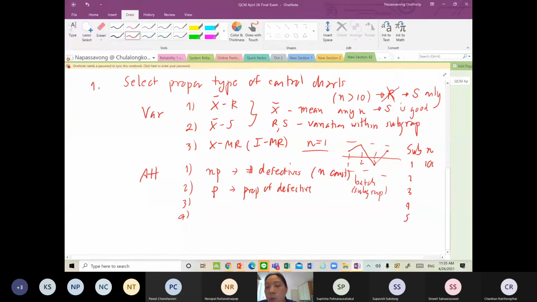In each hour, we collect the same number of parts, which is 100. That means n is constant over subgroups, right?